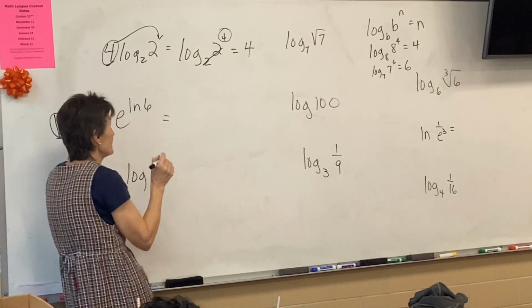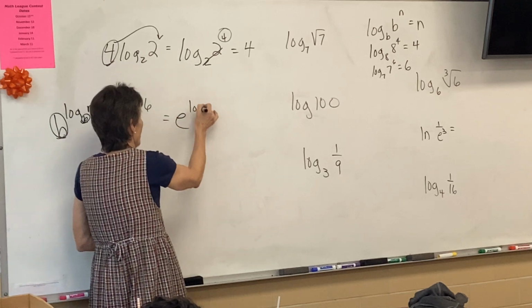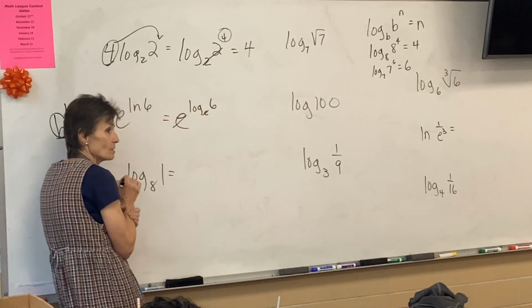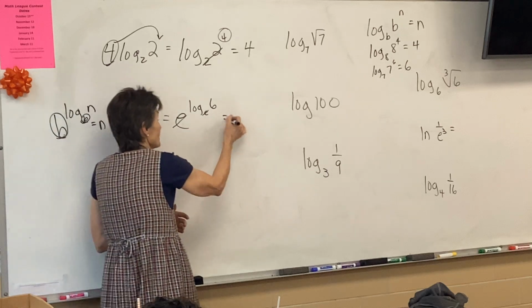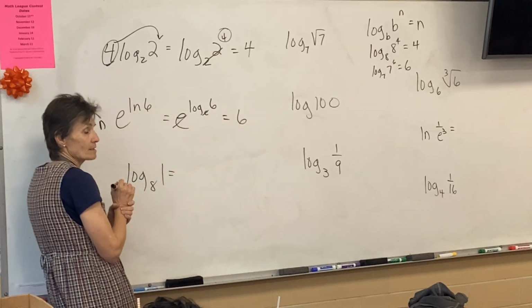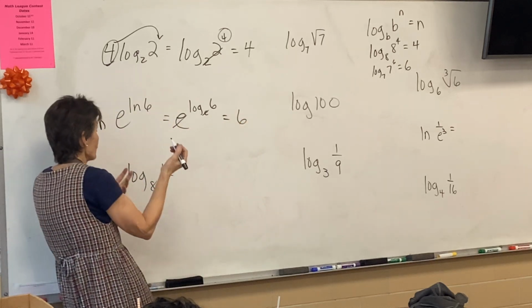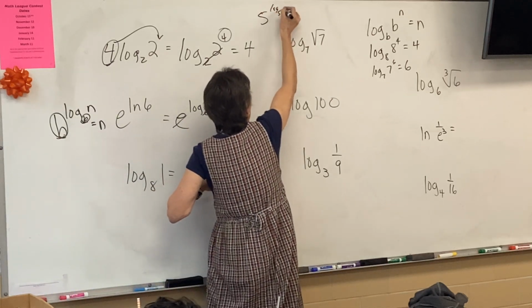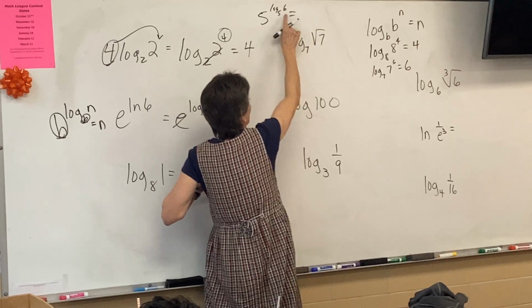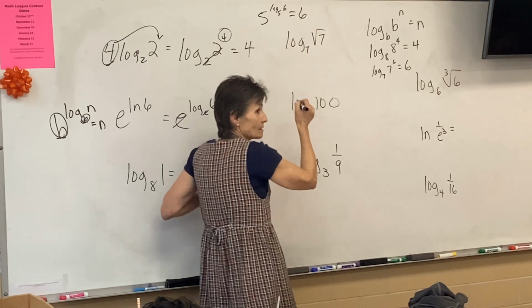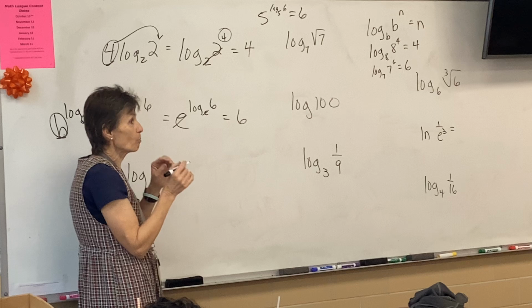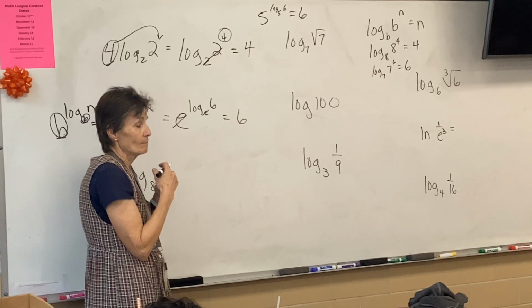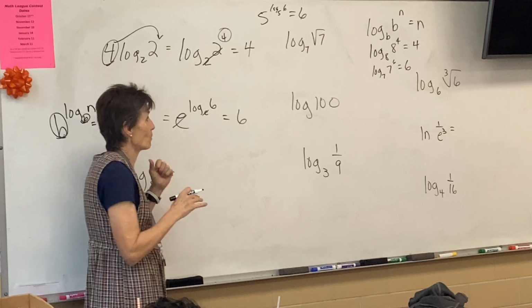So e to the log base e of 6. See how these two numbers match? So the answer is just 6. So if you had 5 to the log base 5 of 6, that would be 6. These properties can be huge time savers, and they simplify stuff for us.